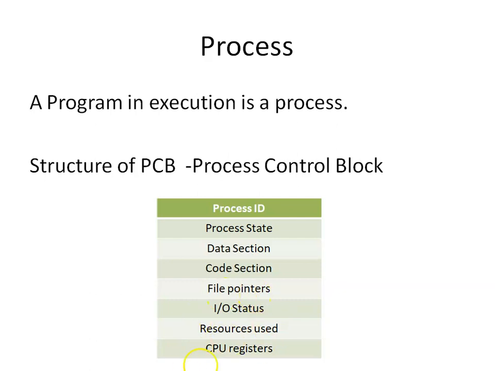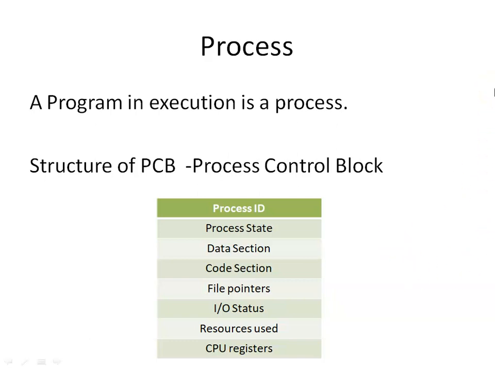Similarly, when the CPU is executing one process, it has certain values in the CPU registers which belong to that process. And when the CPU switches from one process to another, the values of those CPU registers will change. So when the CPU performs a context switch, it updates the latest CPU register values for that process into its PCB, so that next time the CPU starts executing the same process, it will take the last saved values of the CPU registers.